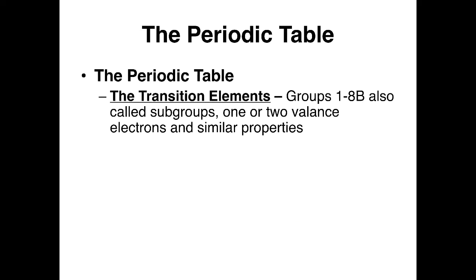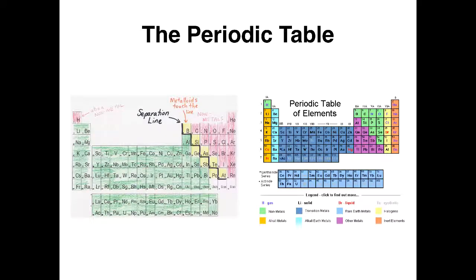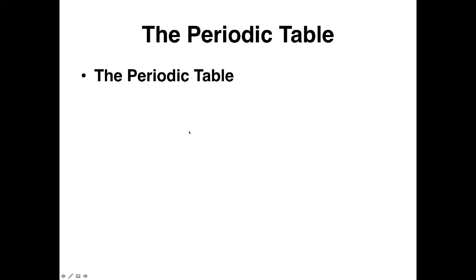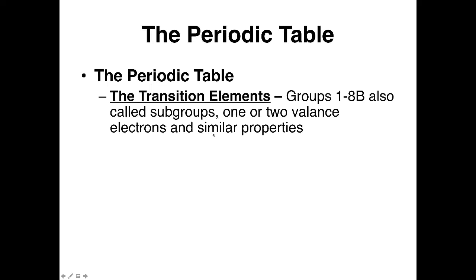Now in between, if we go back here, the elements in between from here over to here, so this whole area right in here, which is also this area right in here, those are known as transition elements or transition metals. They all have a B instead of an A, and they all have generally one or two valence electrons, and they all have very similar reactive properties.